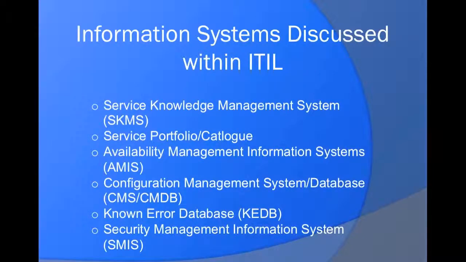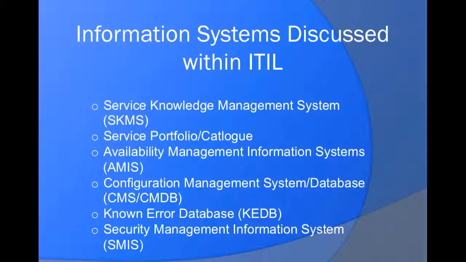The final concept is information systems discussed within ITIL. There are 6 systems within the ITIL cycle. The first one is Service Knowledge Management System, also known as SKMS. The second is Service Portfolio Catalogue. The third is Availability Management Information Systems, also known as AMIS.